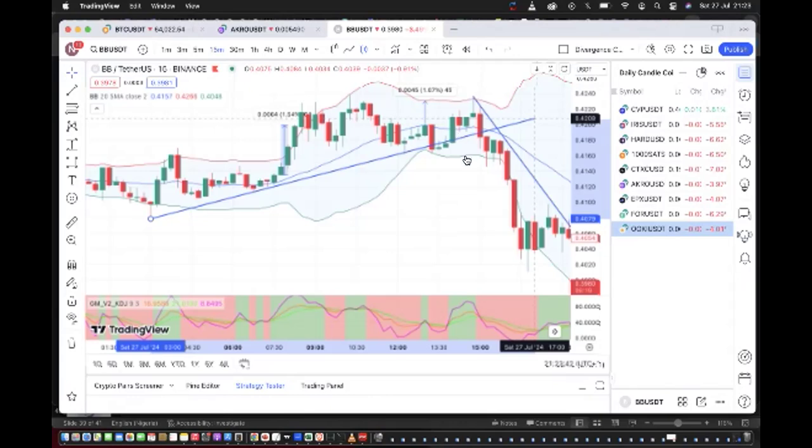The price dropped below the trend line, tested the trend line. I wish I could have an arrow to describe this clearly. So just observe this. It dropped below the trend line, tested the trend line from under. This is a resistance, and then price collapsed.